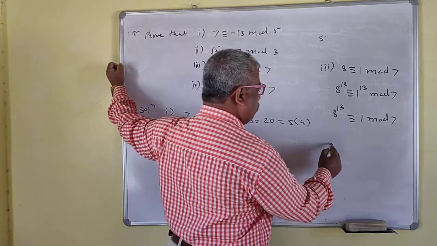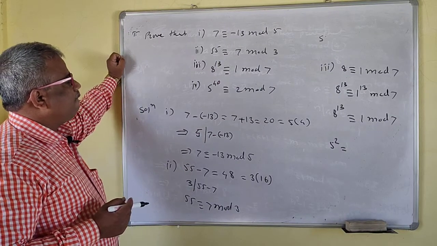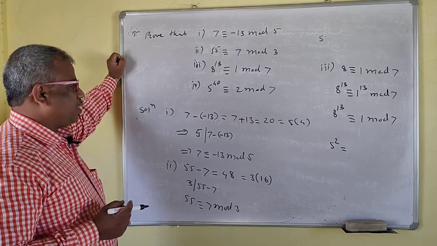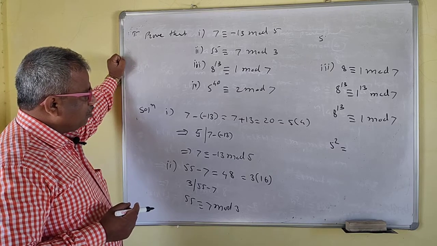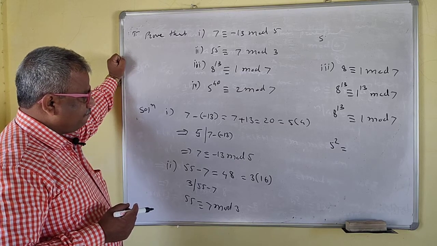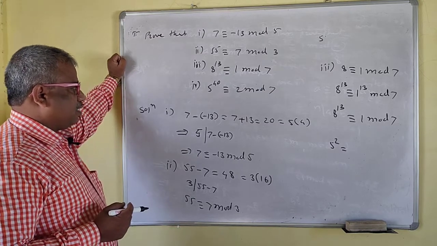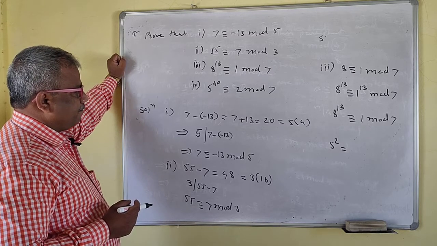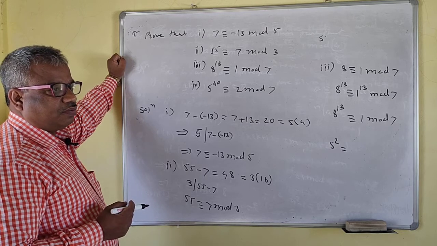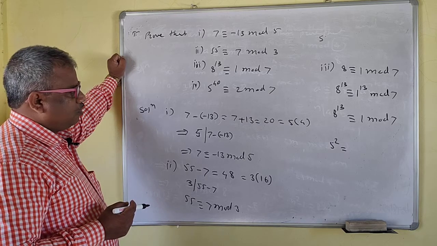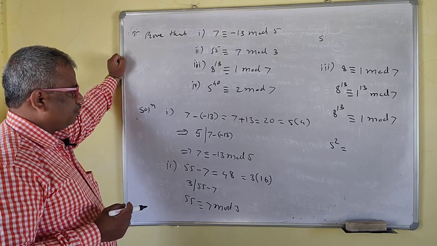See, for 5 to the power 40 we have to do the calculation of powers of 5, to find where it will be 1. 5 square is 25, and 25 is 4 mod 7. So this again becomes very complicated now.